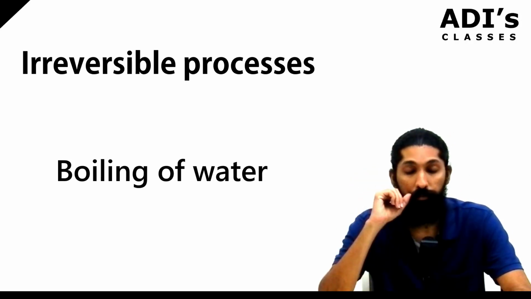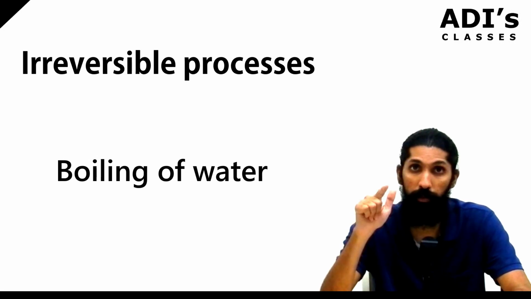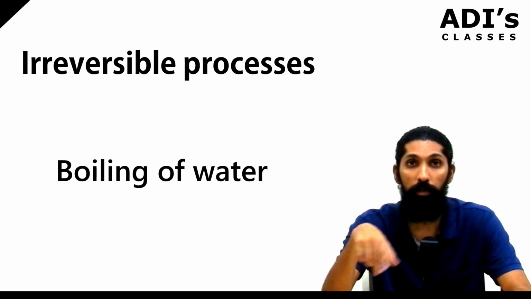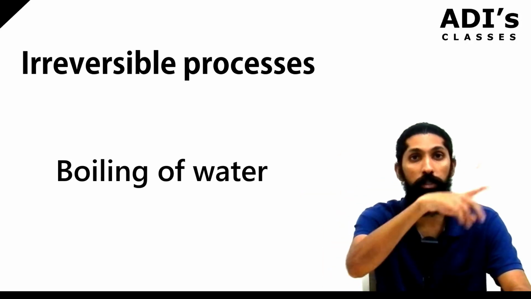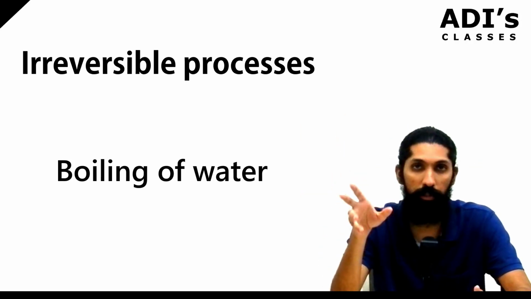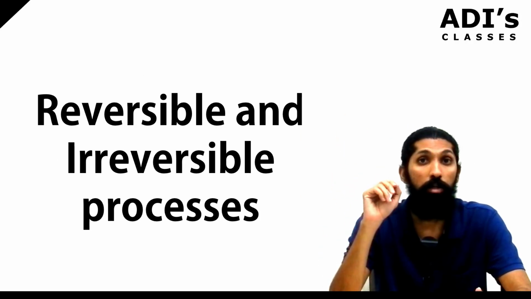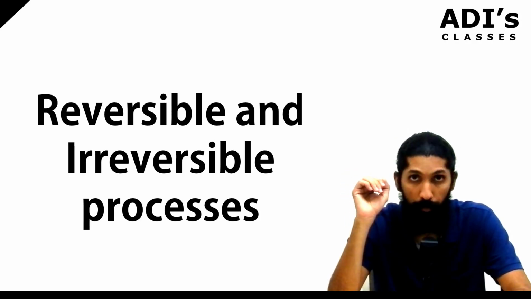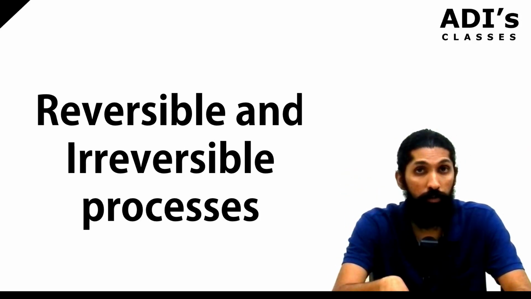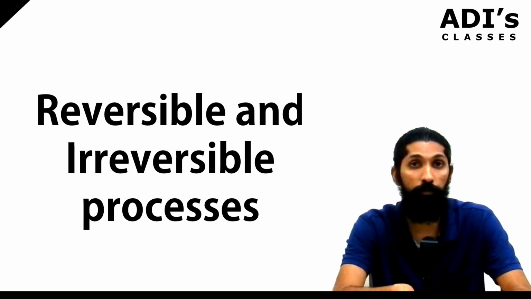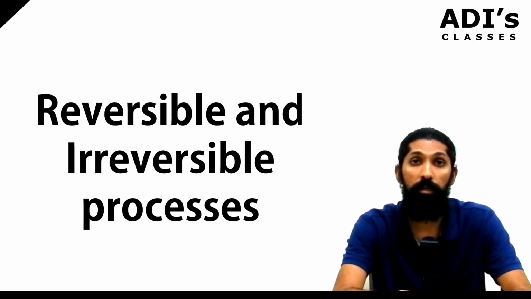Fair enough? Now we have two processes, reversible and irreversible. Reversible comes around to the same state. Irreversible just goes off somewhere. So along with the four thermodynamic processes, you also have these two. Now these two, we are not taking as thermodynamic processes.